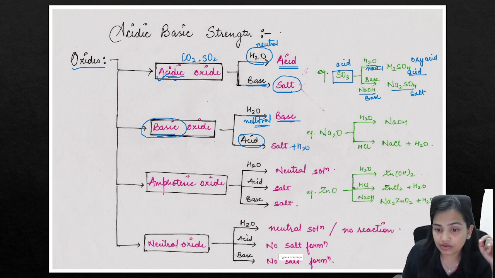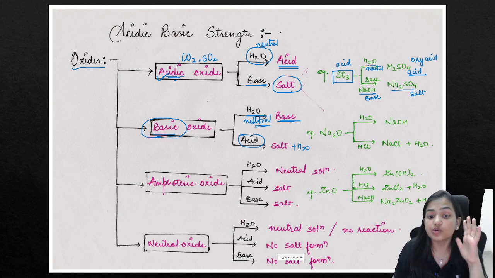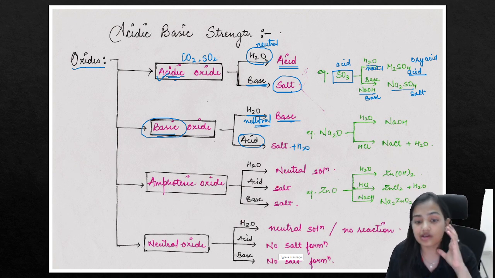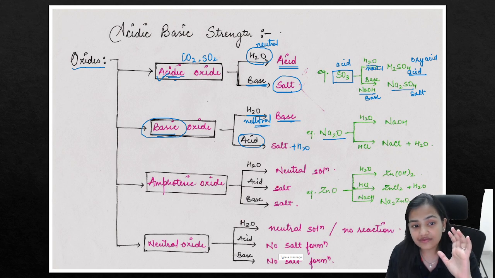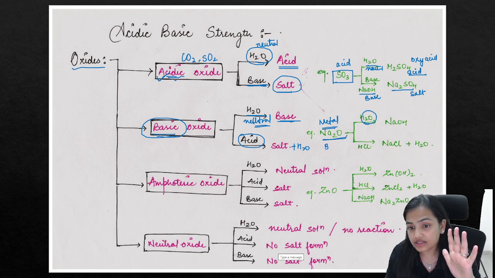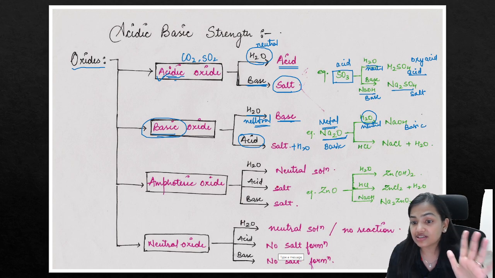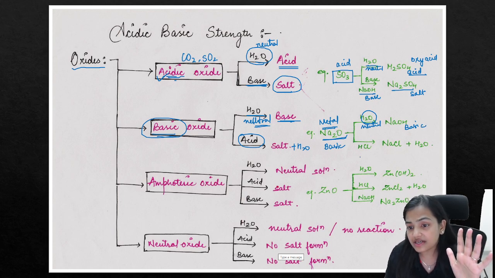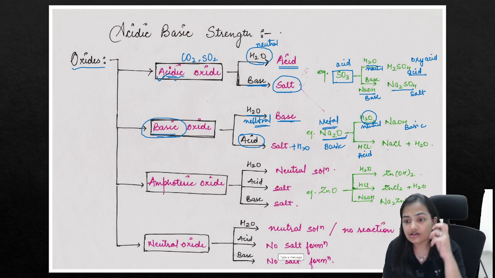This is known as acid base neutralization reaction. Here an example is Na2O; metals usually form basic oxides. When we take this basic oxide with neutral water, we get a base. If this is basic and we take it in the presence of acid, acid base neutralization occurs and a salt forms. Simple.